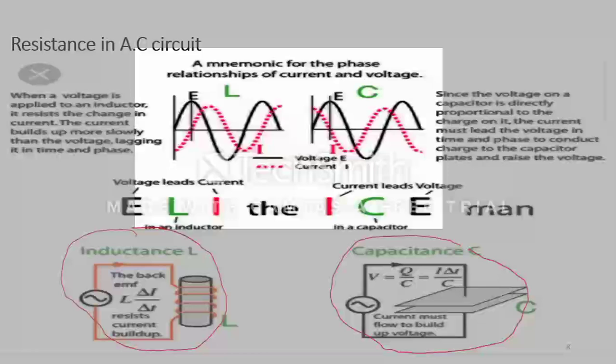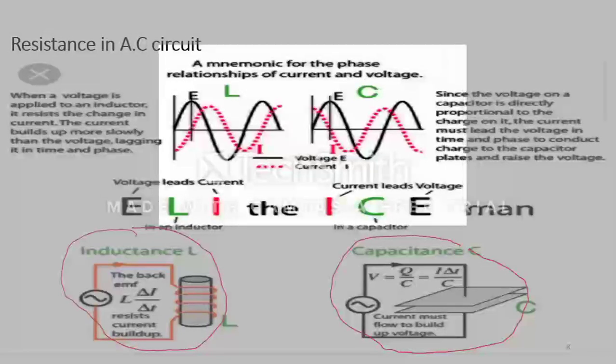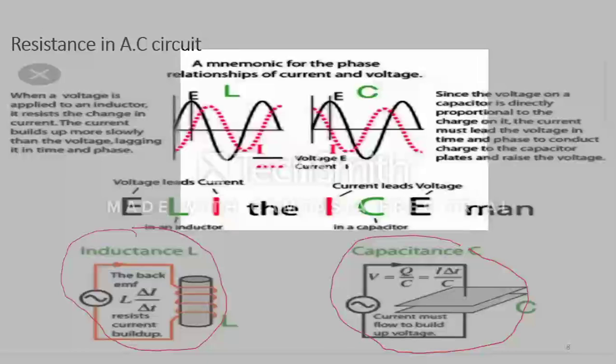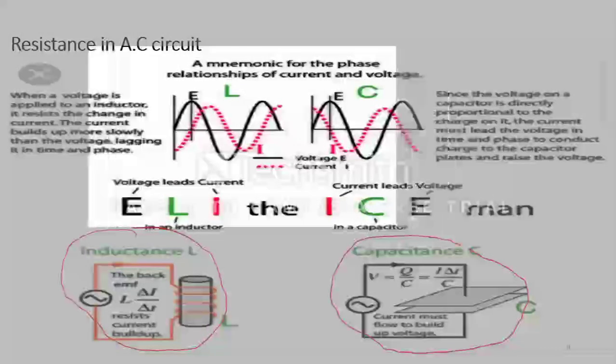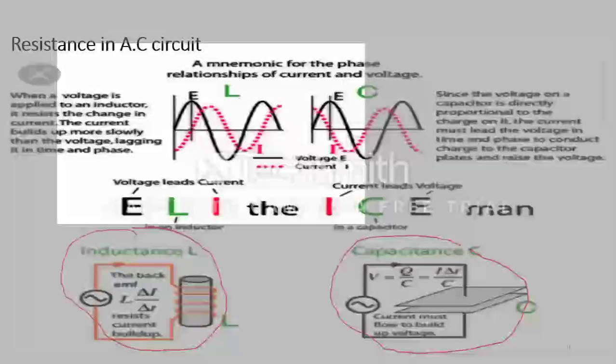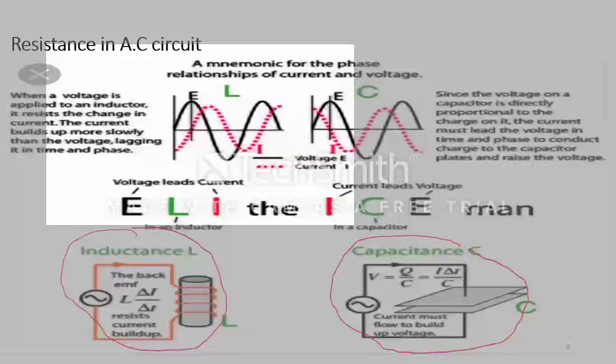So when the current is maximum, voltage is 0. When voltage is maximum, current is at 0. The same thing here if you come to the inductive circuit. When the voltage is maximum, current is 0. And when voltage is 0, current is maximum, and vice versa.